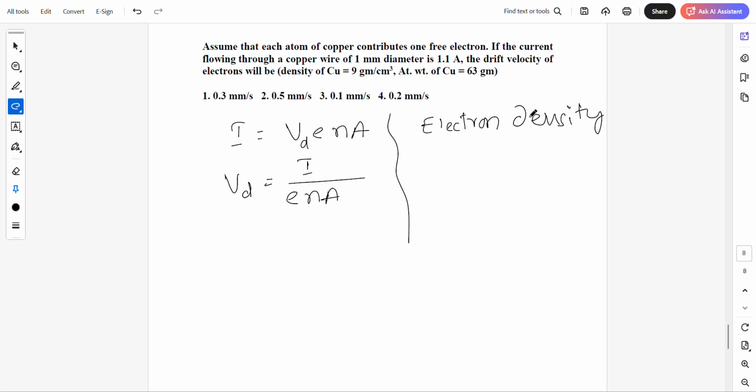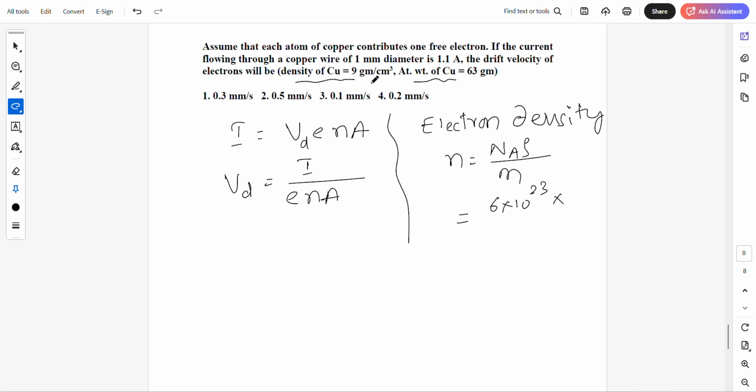Electron density in this case will be n is equal to Avogadro number into density divided by atomic mass, because they have given everything. Density they have given, atomic mass of copper they have given. You have to use this formula for calculation of n. Avogadro number is 6 into 10 to the power of 23.